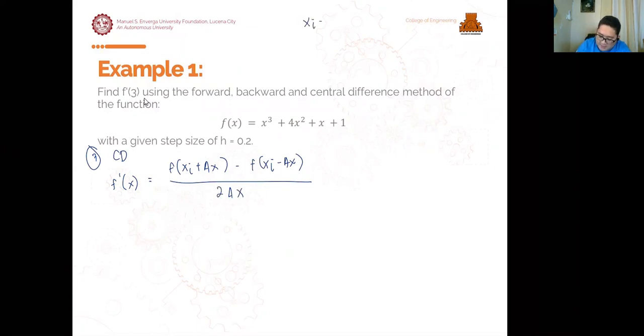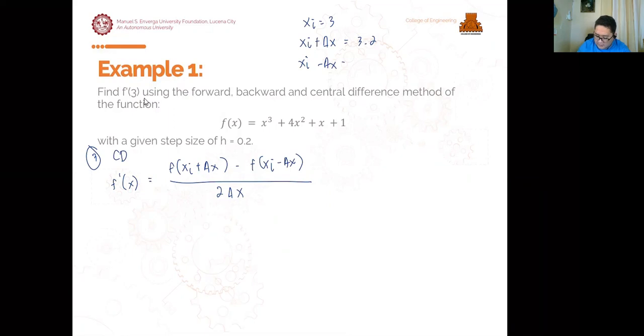So again, x sub i natin is 3. X sub i plus delta x natin is 3.2. X sub i minus delta x natin is 2.8. Okay? So kailangan natin dito is f prime of 3 is equals to f of 3.2 minus f of 2.8 divided by 2 times 0.2.